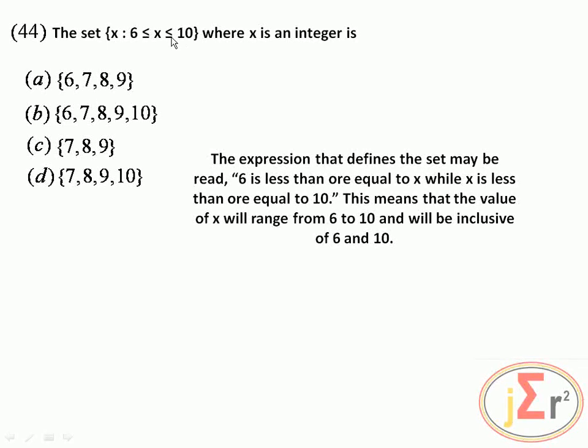Because of this or equal to, we are sure that 6 and 10 are to be included. The set that fits this description is that of option B, in which 6 and 10 are also included.